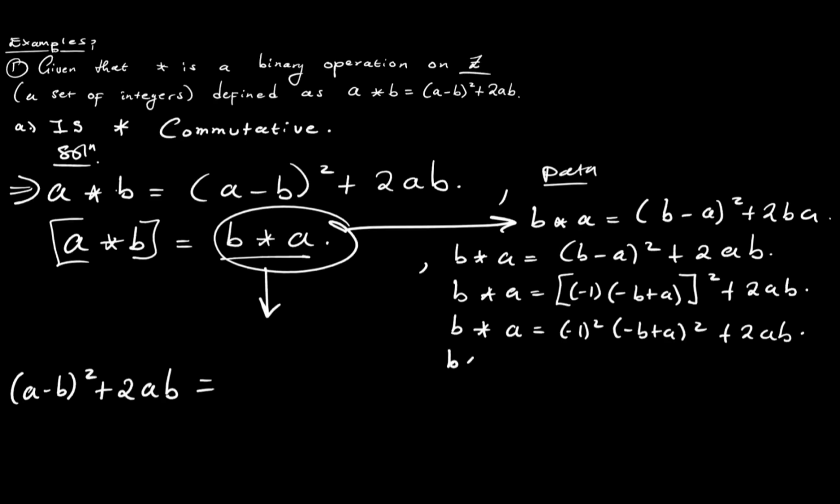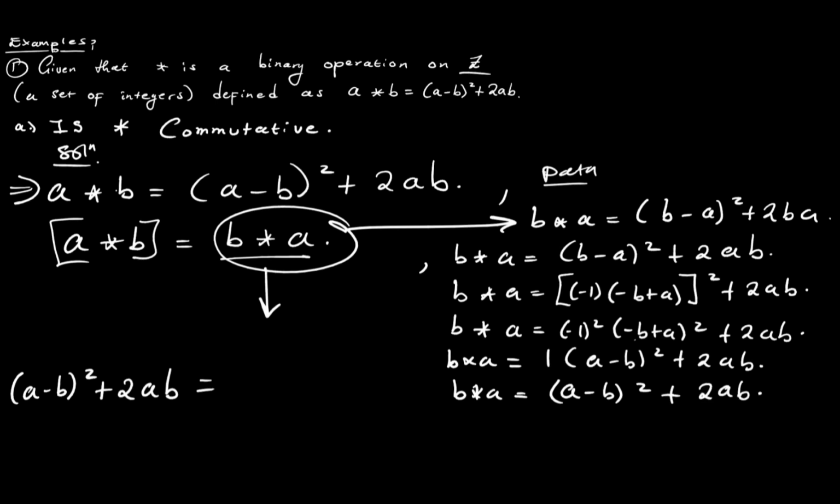Therefore, B star A is now equal to, now negative 1 squared is 1, then you have, now this can be written in the form of (A minus B) squared plus 2AB. Therefore, you have B star A being equal to (A minus B) squared plus 2AB. And this will basically be the value of B star A.